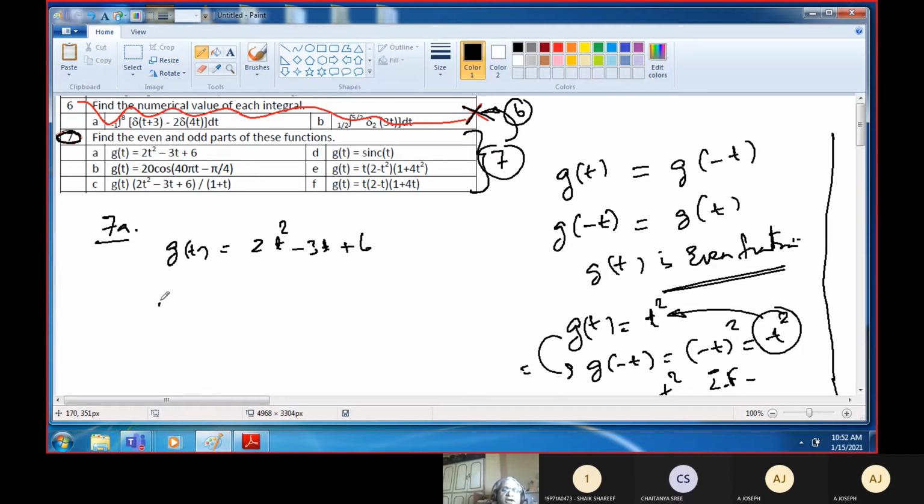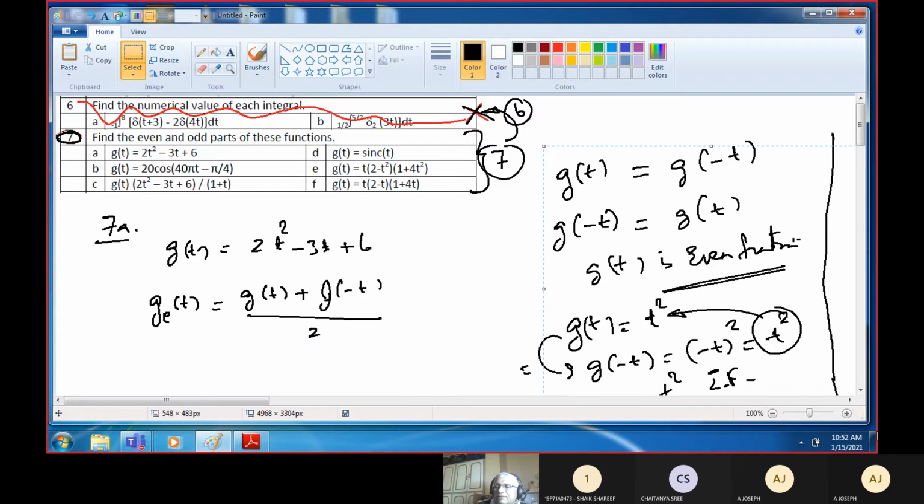Okay. Now we already know the formula. What is the formula for g_e(t)? g_e(t) is we have to add g(t) to g(-t) and divide by 2. Then we will get the even part of the signal.